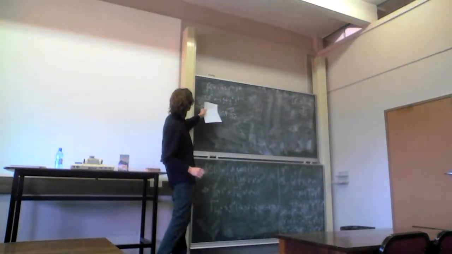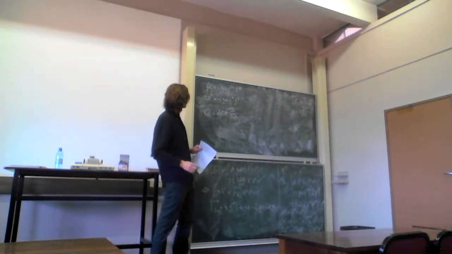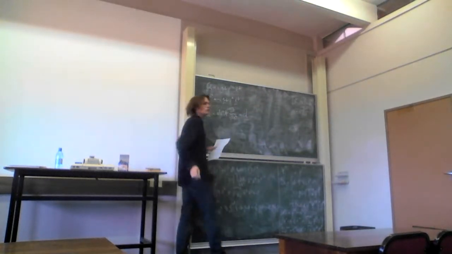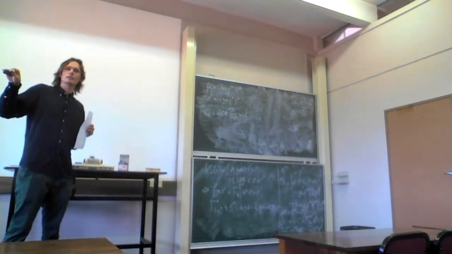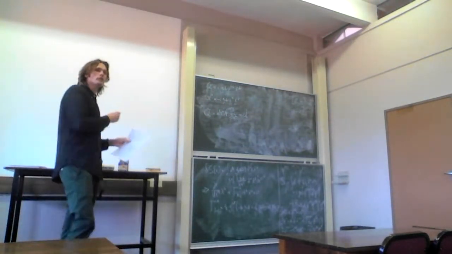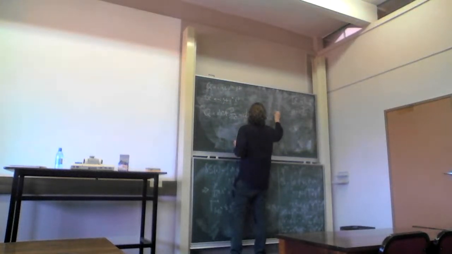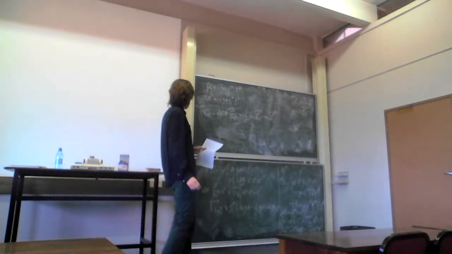These indices have to be summed over, so I'm contracting with the metric. But this is nothing but the definition of the exterior derivative, right? The exterior derivative acting on a differential form takes the derivative and maps a p-form to a p plus 1 form.